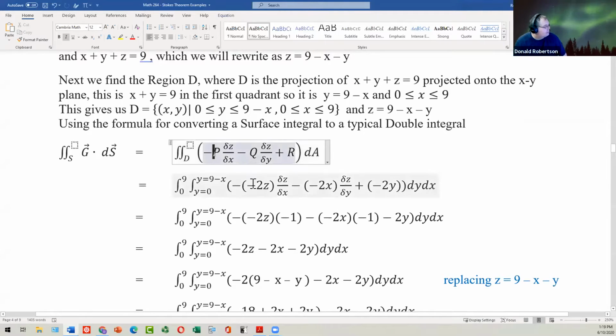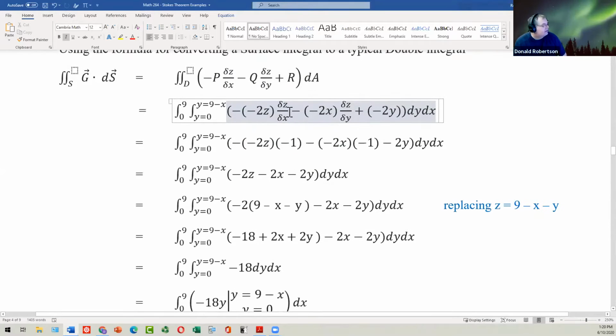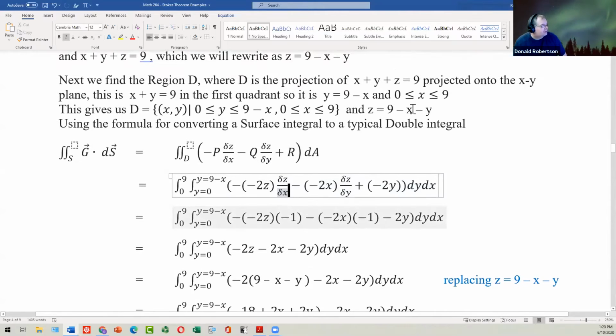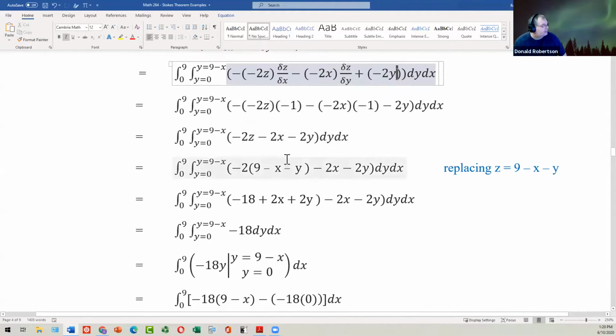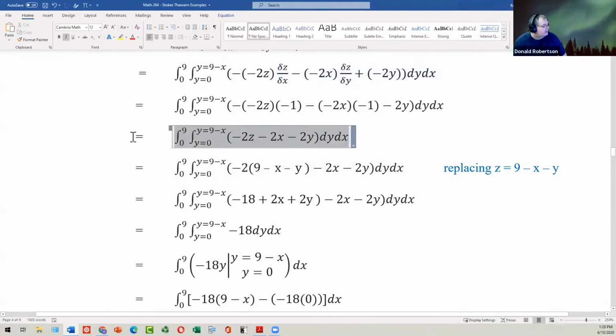So you plug in P, you plug in Q, and you plug in R. Then you do the derivative of z with respect to x, which gets you -1. The derivative of z with respect to y also gets you -1. This guy here doesn't have anything, it's just R on its own. Combine all those terms, tidy them up, and you get to here.